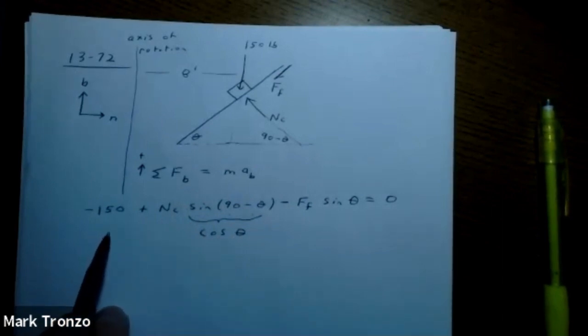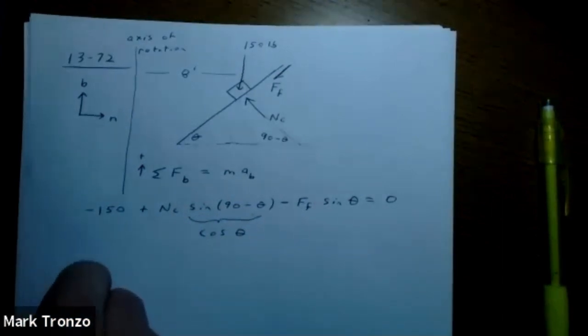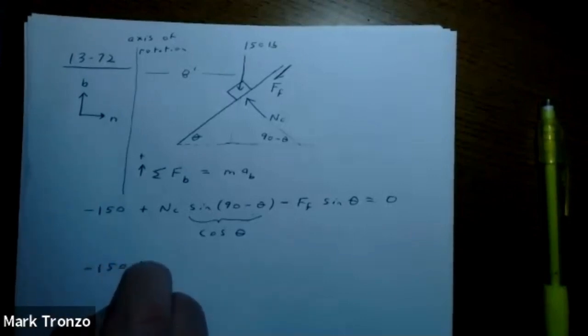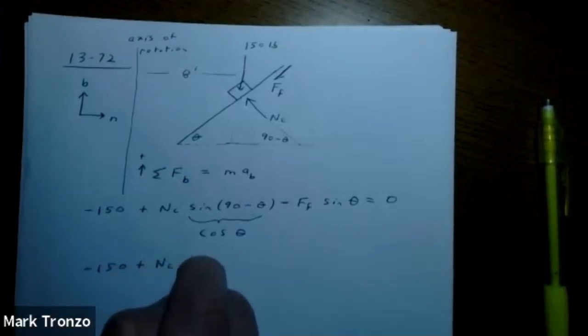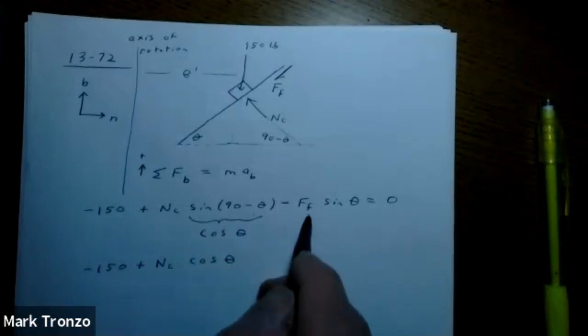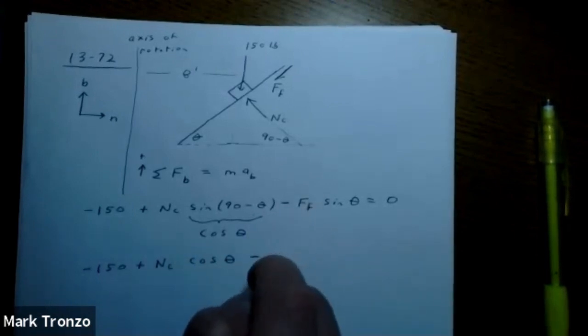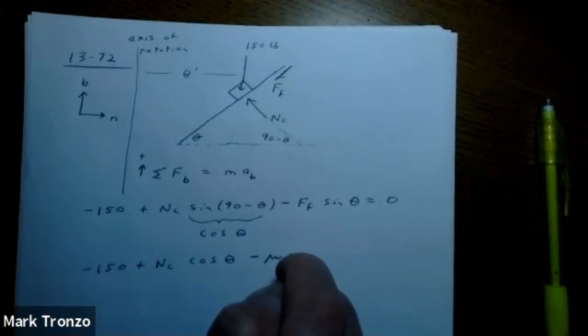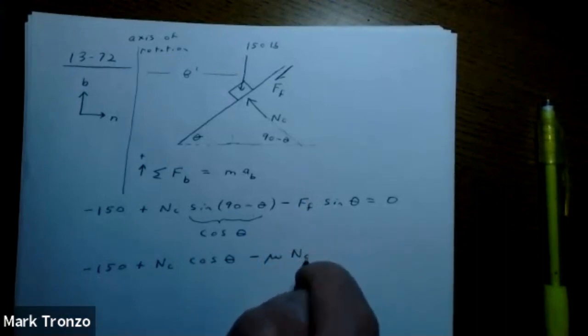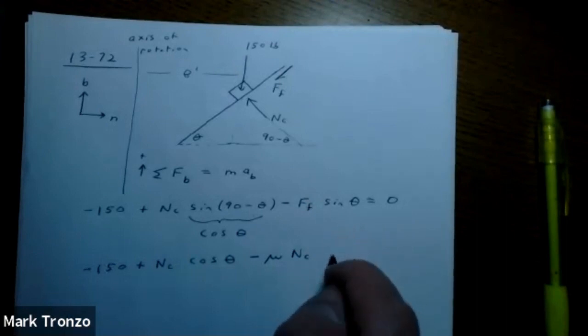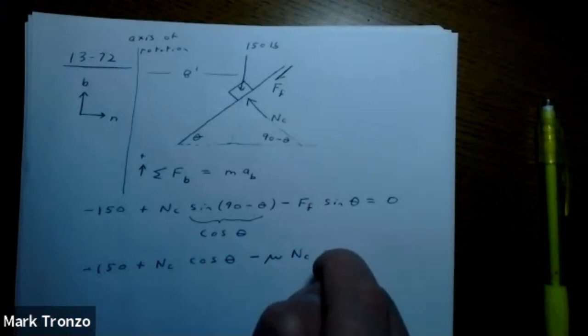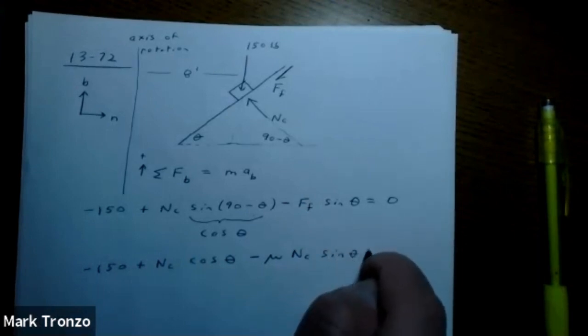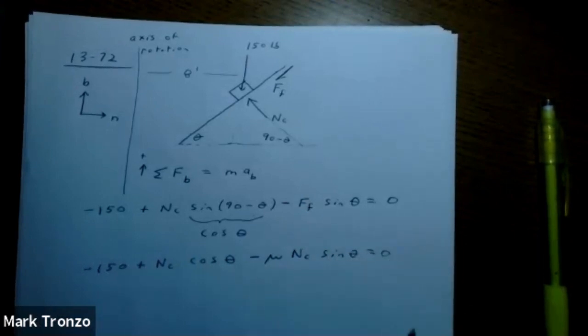And let's see if we can put some of this together. We can add one more thing: cos theta, and then we can do mu times NC, mu NC sine theta equals 0. And we're given that mu is 0.5.